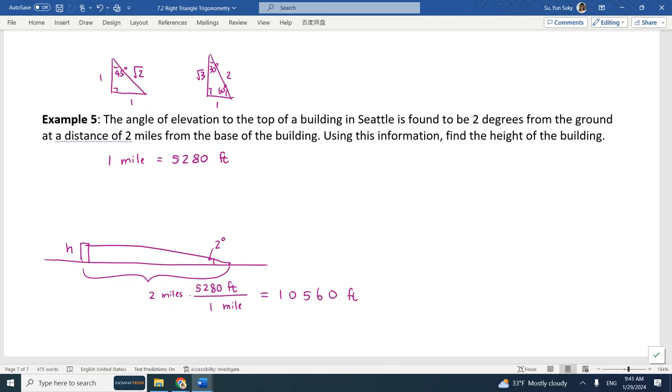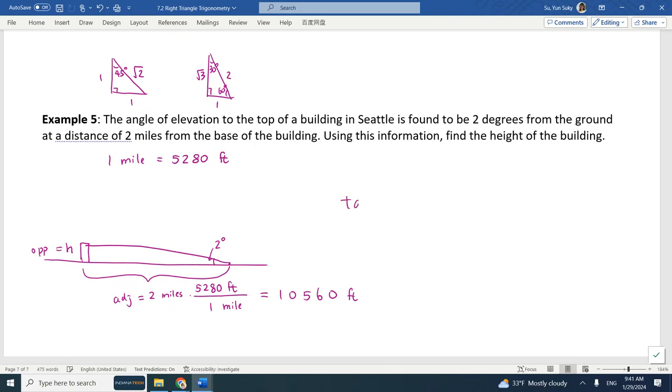Okay, this is the angle. What is this side? Opposite. And what is this side? Adjacent. Okay. Opposite, adjacent. Which trig function? Tangent.